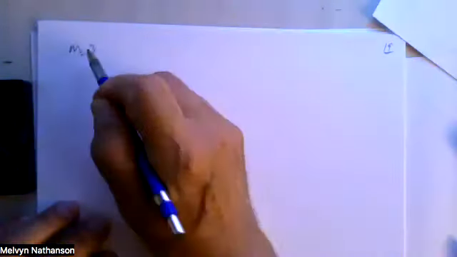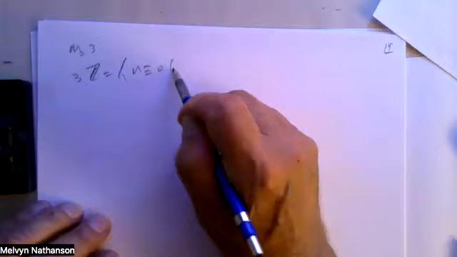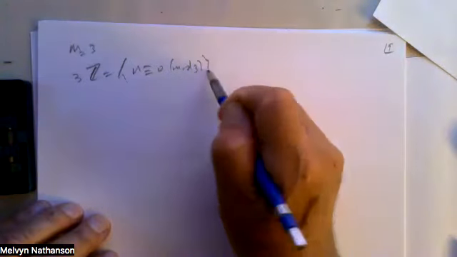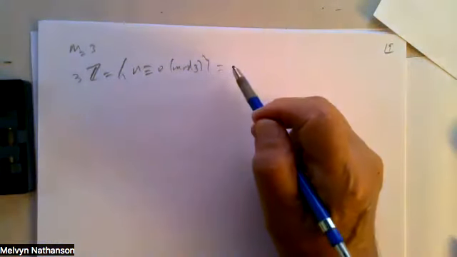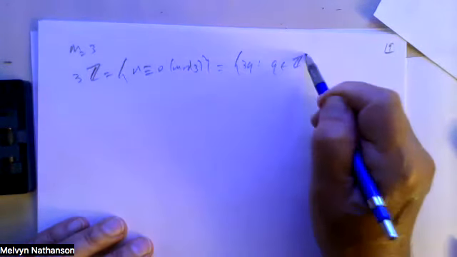If I take modulus m equal to 3, the congruence class 3Z is all n congruent to 0 mod 3. It's all numbers of the form 3q, where q runs through all the integers.